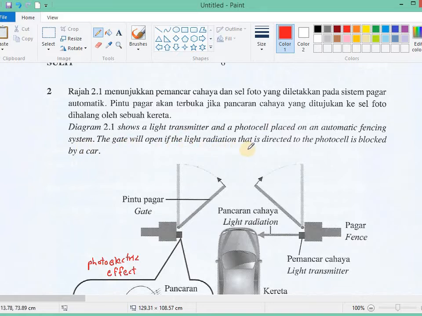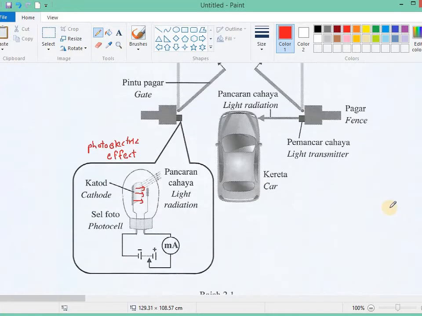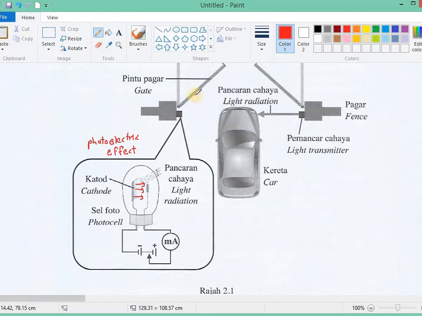The gate will open if the light directed to the photocell is blocked by a car. That means when no light, door will open, and when no light, that means no electric. No photoelectric effect, that means no current. No current, it will open. Got current, it will close.